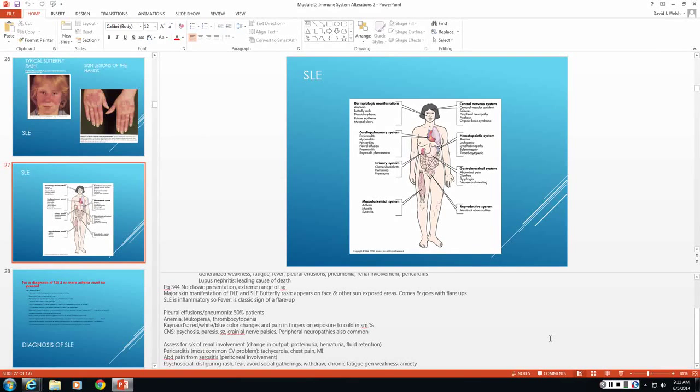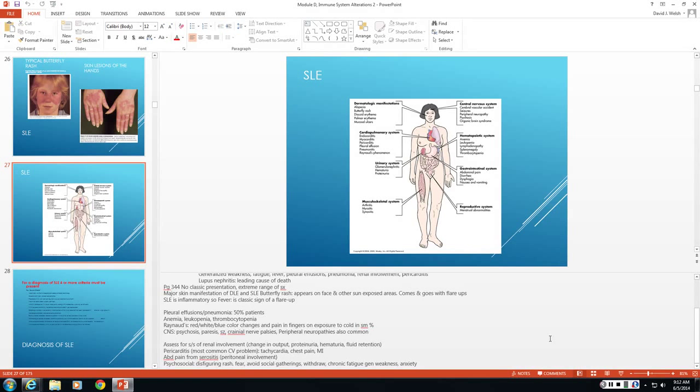The central nervous system can be affected. So they could have psychosis, paresis, seizures, cranial nerve palsies, and peripheral neuropathies are also common. So as you see, there's a major bunch of different signs and symptoms that occur with this disease.